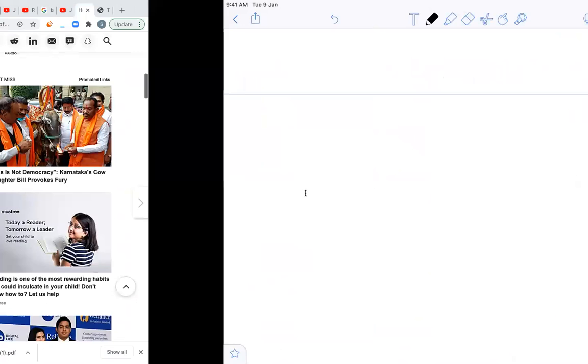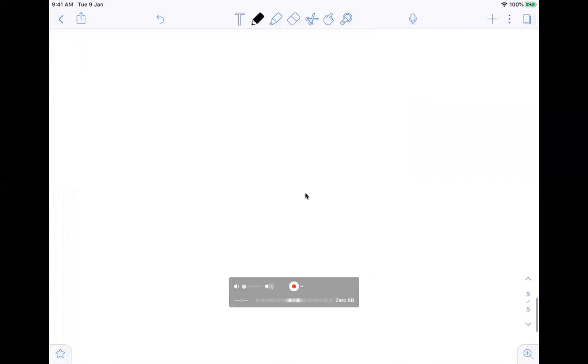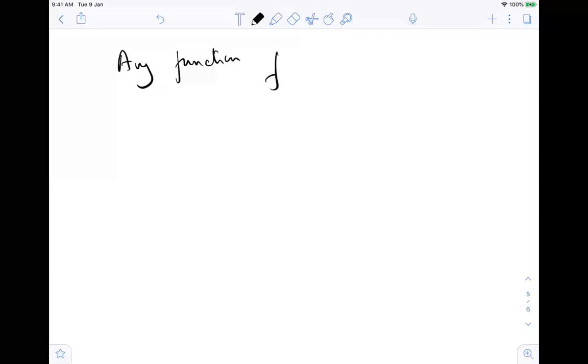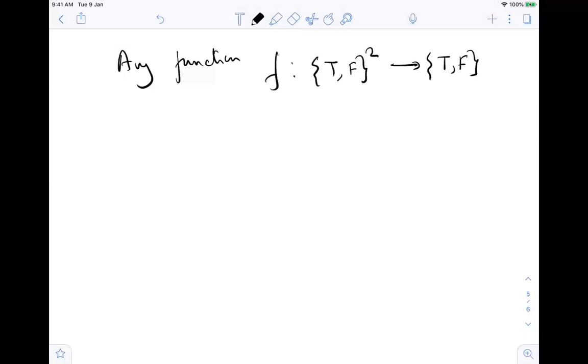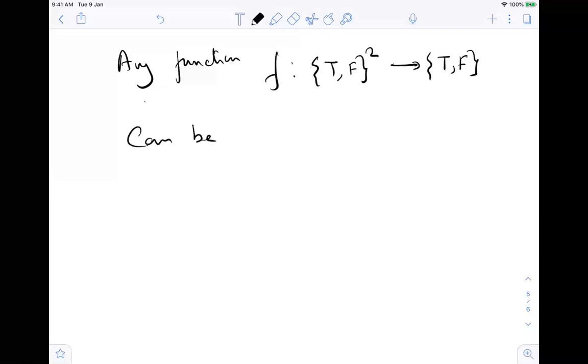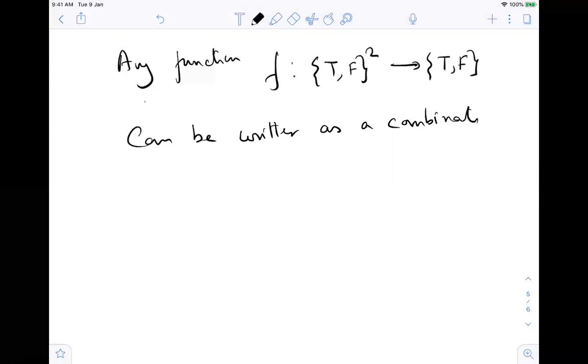So this one says that any function f from true false squared to true false can be written as a combination of and, or, and not.